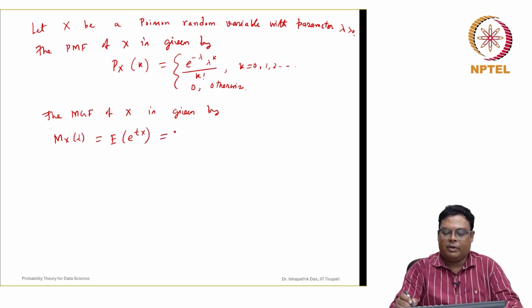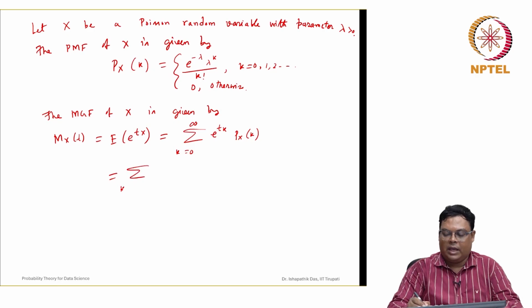By definition, because it is a discrete random variable, it is the summation over k from 0 to infinity of e to the power of t times k, X taking the value k, into P_X(k). So this is summation over k from 0 to infinity of e to the power of tk times e to the power of minus lambda, lambda to the power k by k factorial, for k = 0, 1, 2 and so on.